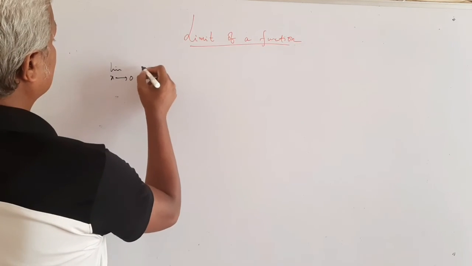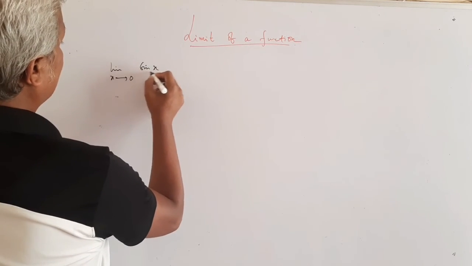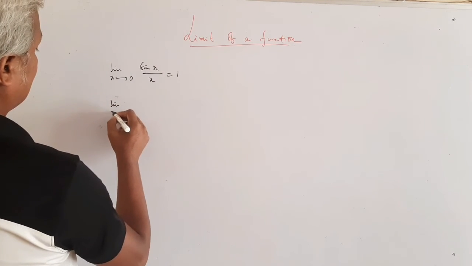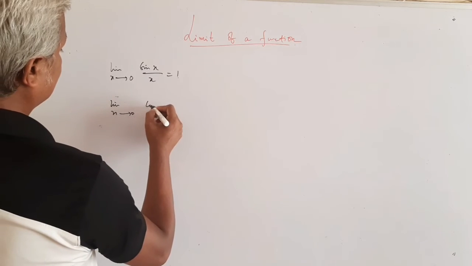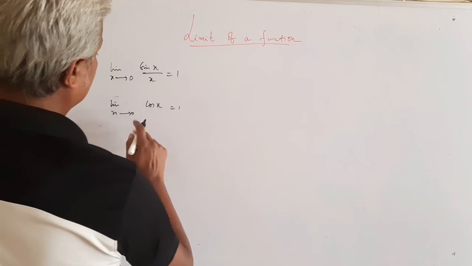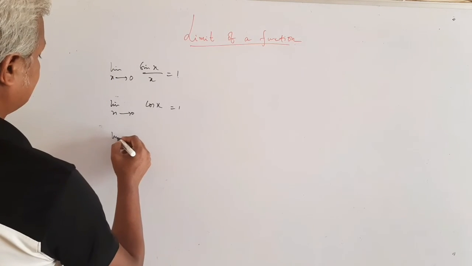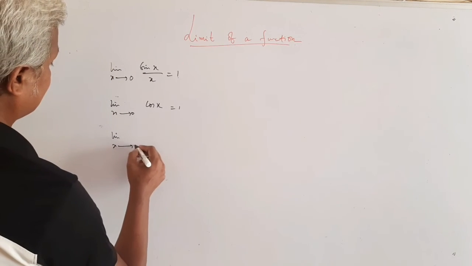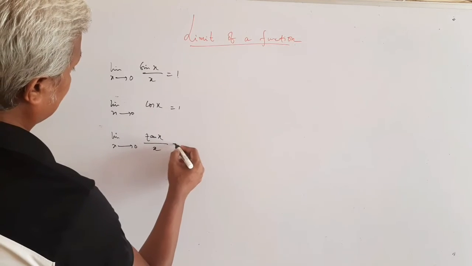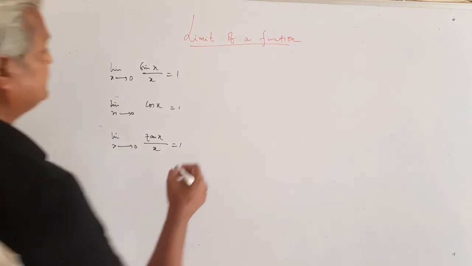So limit x tends to 0, sin x upon x is 1. Limit x tends to 0, cos x is 1. Limit x tends to 0, tan x upon x is 1.